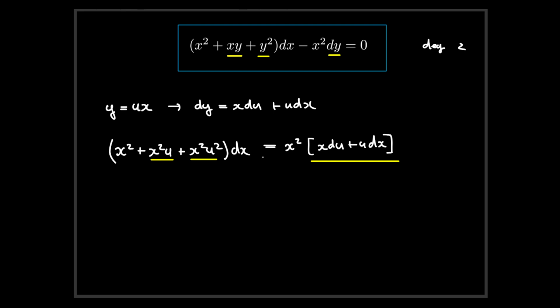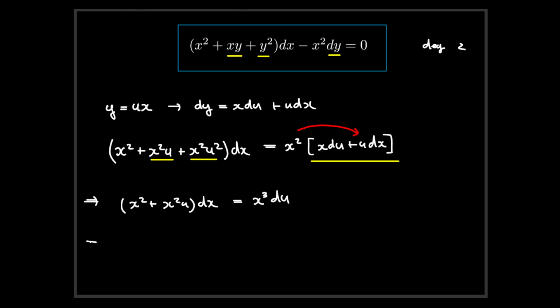The next step is always to simplify. And just to note something here again, if I multiply the x squared in here, I'm going to get a term x squared u dx. But then if I multiply this dx in here, I would also get an x squared u dx. So actually they'll cancel out, and I'll be left with just x squared plus x squared u squared dx is equal to x squared times x, which is x cubed du.